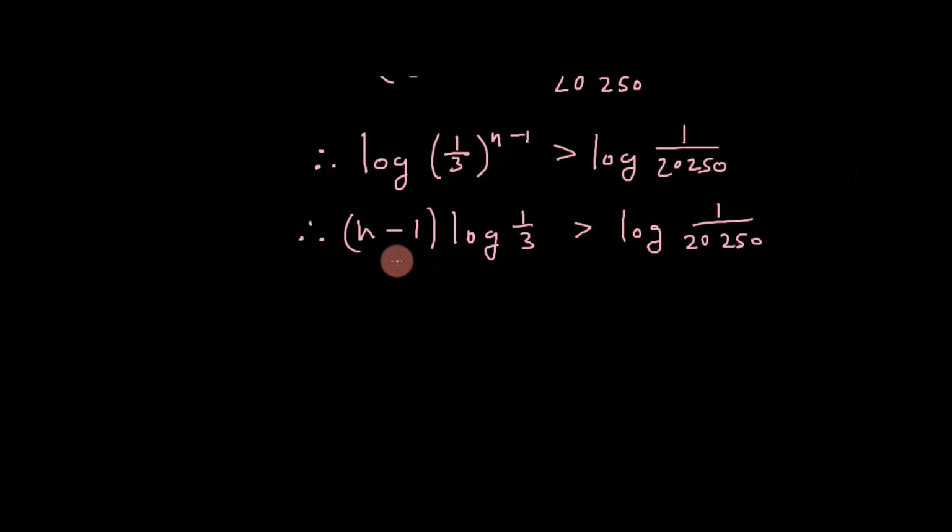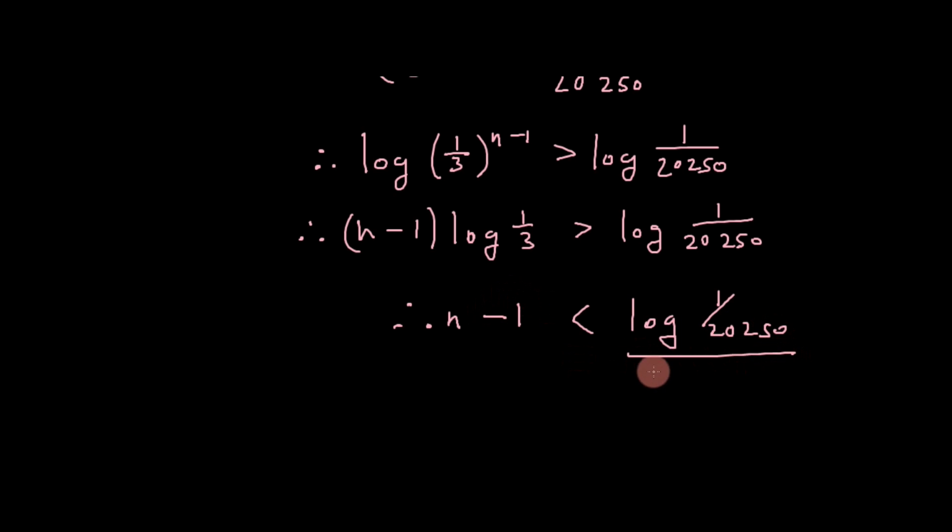We want to isolate n on the left-hand side, so we can divide the log of a third into the right-hand side. But what's important to note here is that a third is less than 1. It's between 0 and 1. So the log of a third will be negative. And when we divide through an inequality by a negative number, it switches around. So divided by the log of a third.